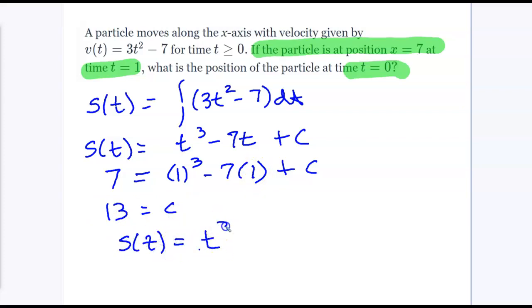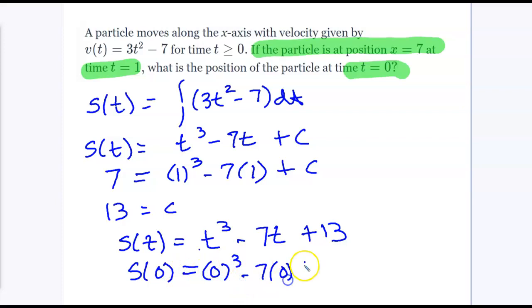So S of t is t cubed minus 7t plus 13. And now if I want the position at 0, it's going to be 0 cubed minus 7 times 0 plus 13. So my position is at 13 at time 0. So that means I started at a position of 13 units away from the origin at t equals 0.